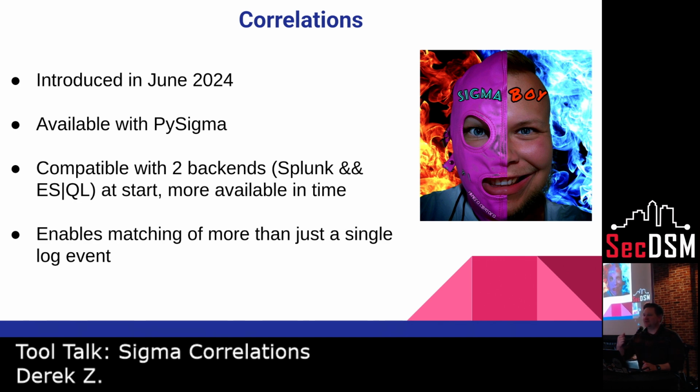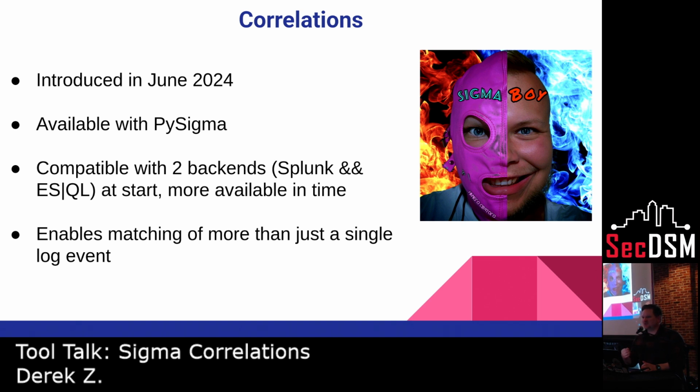So the folks behind Sigma said, let's redo it. We already have the single rule matching feature. Let's write it so you're just adding new features to something you've already written, and you don't have to rewrite the whole thing.